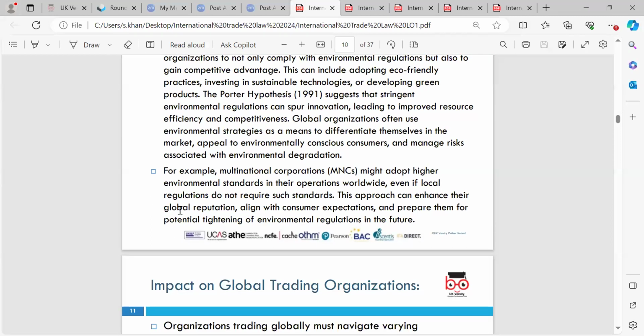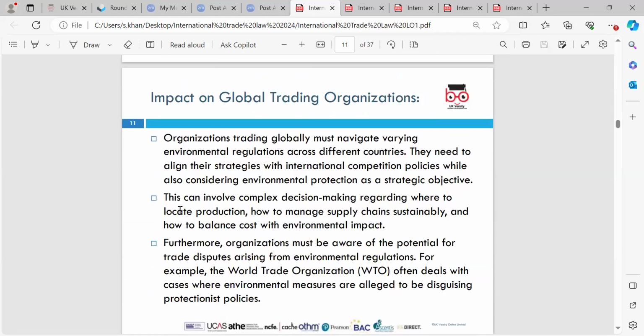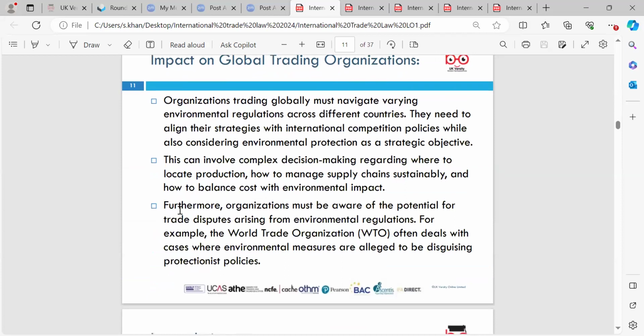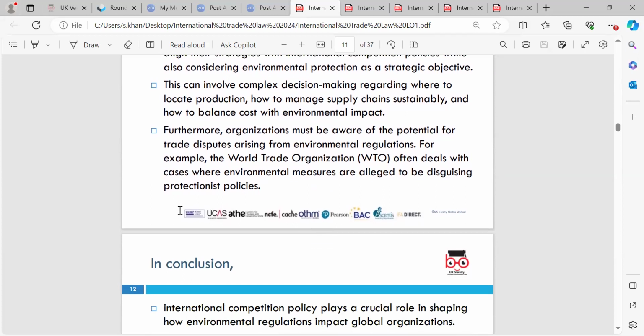resource efficiency and competitiveness. We looked at the impact on global trade organizations, which was that organizations trading globally must navigate varying environmental regulations across different countries. They need to align their strategies with international competition policies while also considering environmental protection as a strategic objective.